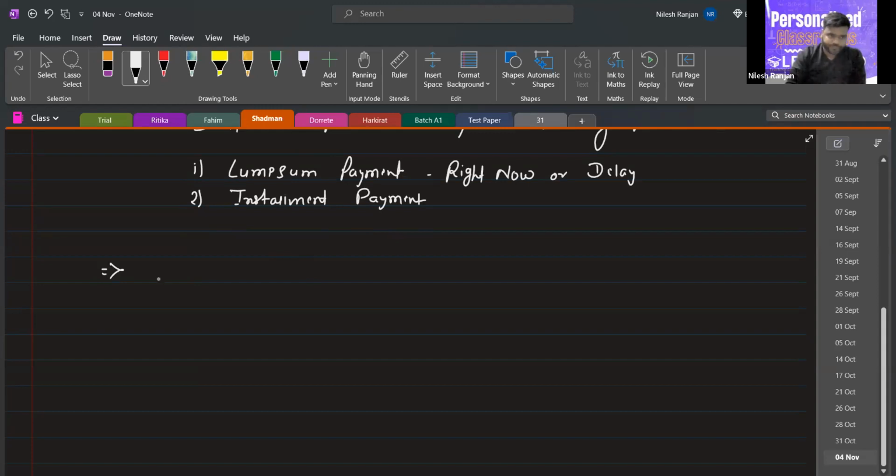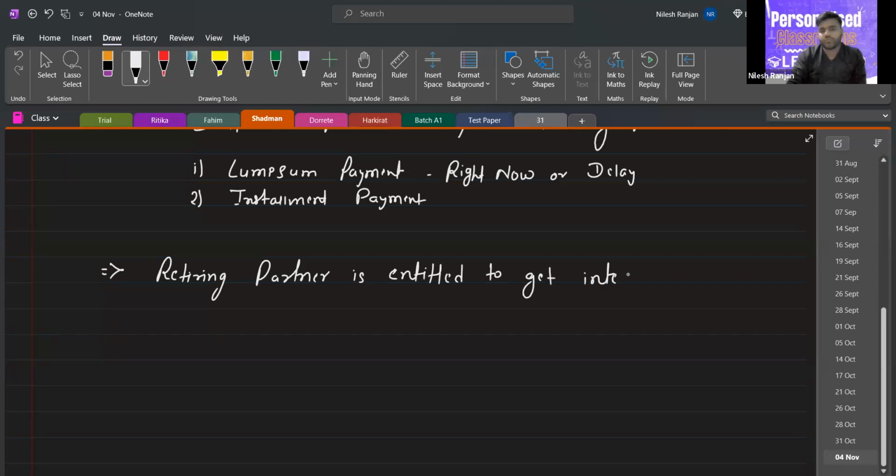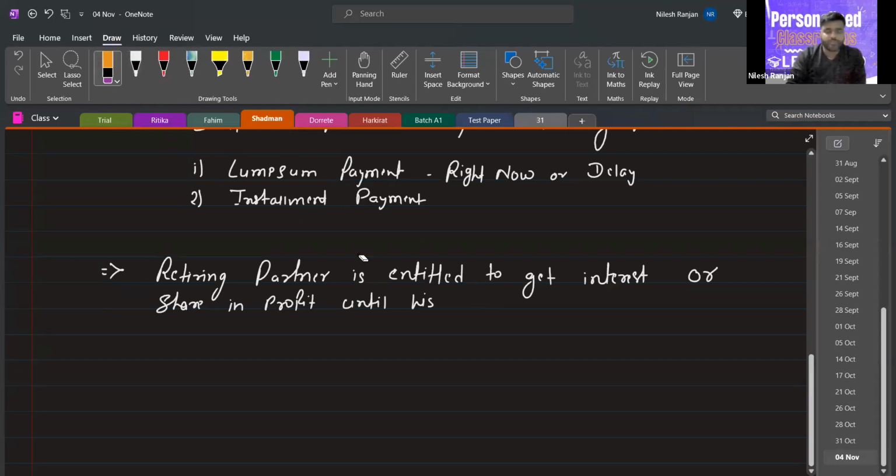If we have delayed the payment, then the retiring partner is entitled to get interest or share in profit until his amount is paid, or until his loan is paid.